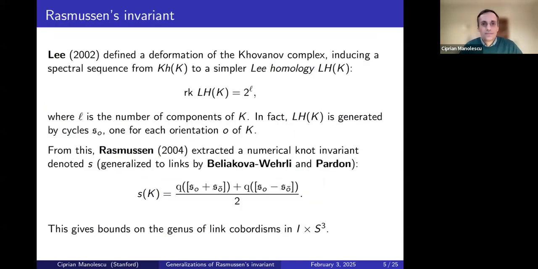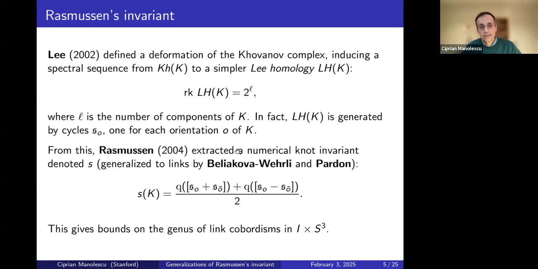Okay, and there is a deformation of this story due to Eun Soo Lee. She constructed a spectral sequence. She changed the definition of the differential a little bit, and this gave a spectral sequence from Khovanov homology to a simpler homology, whose rank is just determined by the number of components of the link. It's 2 to the L. And in fact, you can specify what the generators are. There's one generator for every orientation of the link.